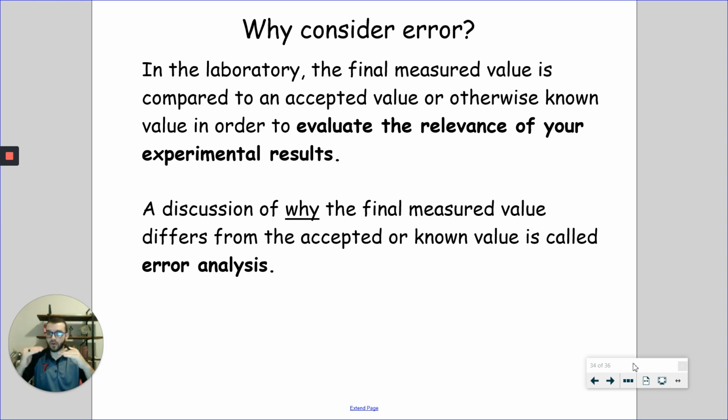How off are you from what's acceptable? Whenever you're building homes, you have to make sure your foundation is level. If it's off by a little bit, they say it's off by a certain tolerance or a certain percent error, and you have to stay within a certain means. So error is something that, if y'all get into some kind of STEM field, you're going to have to deal with.